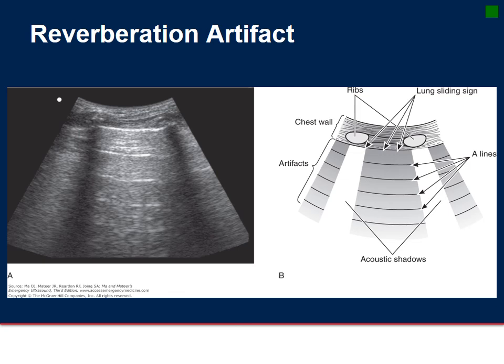Reverberation artifact is something we see frequently, especially with lung ultrasound. And this refers to the ultrasound waves being sent out from the transducer and then encountering some type of object that causes them to reflect. But then the ultrasound transducer doesn't actually pick up the return waves, and instead the waves are sent back out, where they reflect again off of the surface and then come back to the ultrasound transducer.